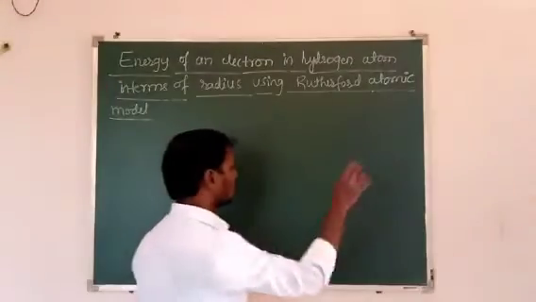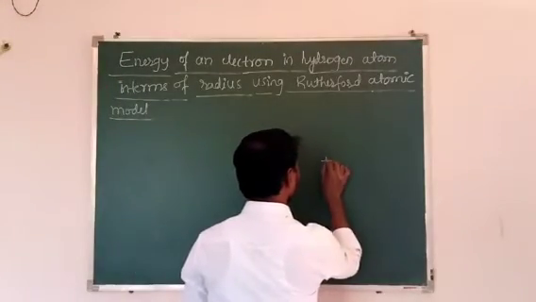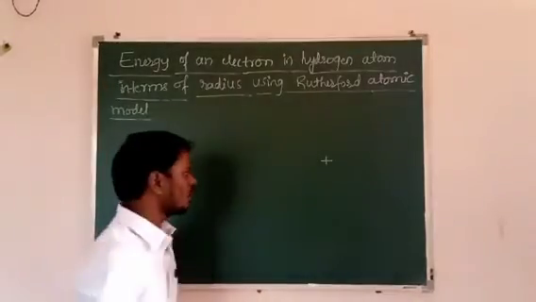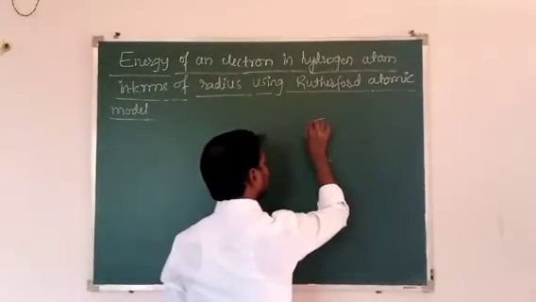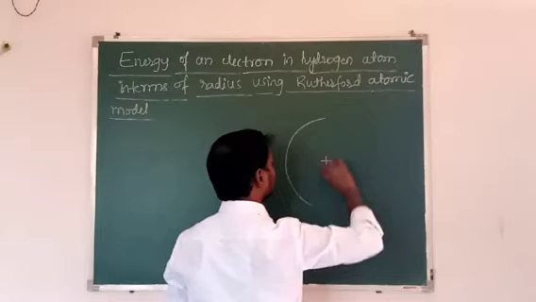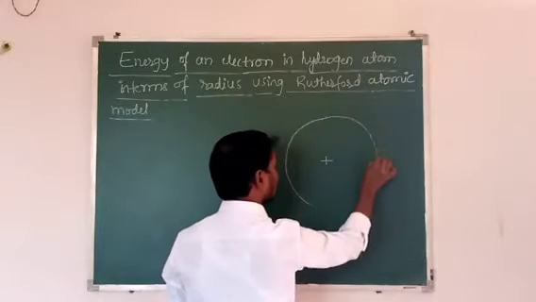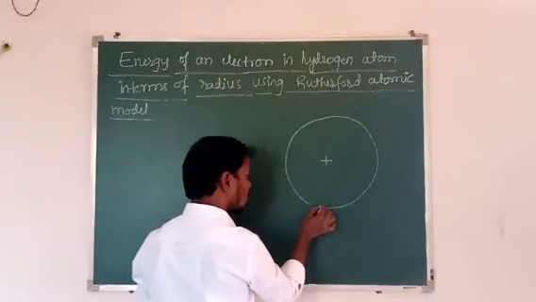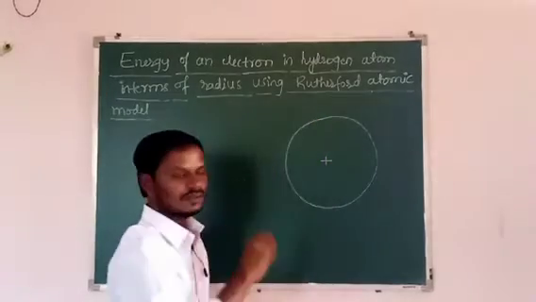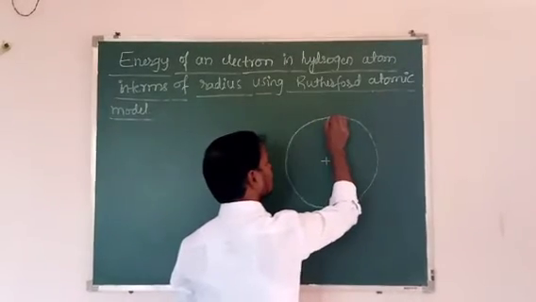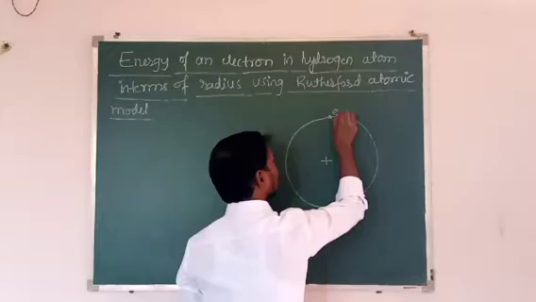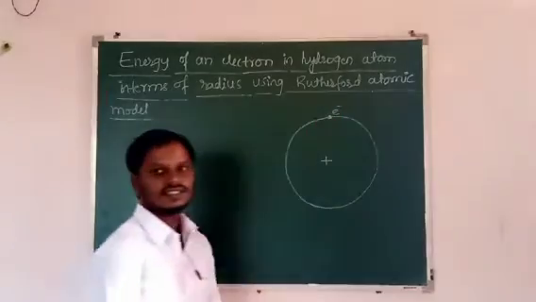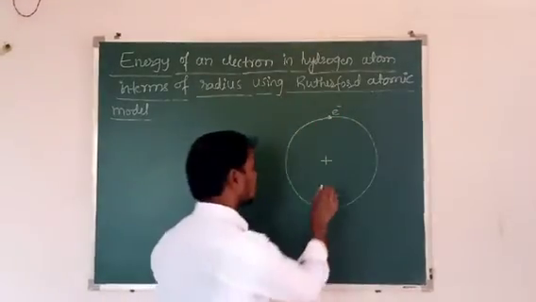So see here, this is the nucleus of the hydrogen atom and this is the orbit of the electron, and the electron is revolving around the nucleus in the orbit. This is an electron. The charge on the electron is minus e and the charge on the nucleus is plus Ze.